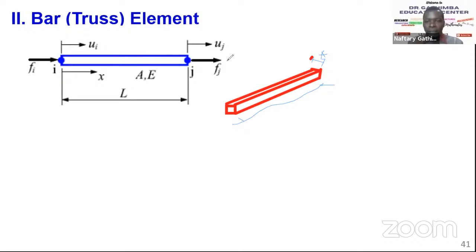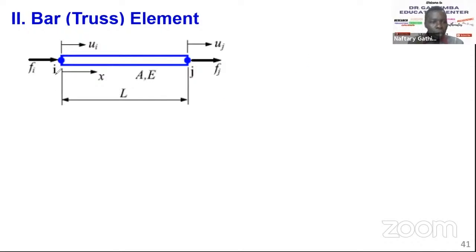Now, with that, the nodes can take arbitrary values because we'll have different bar elements. Maybe one will go from node 5 to 6, another from node 8 to 9. So in that case, we say nodes i and j, where we can always consider i to be less than j, that is, i is the lower node.